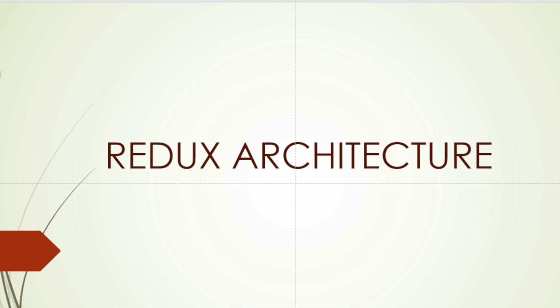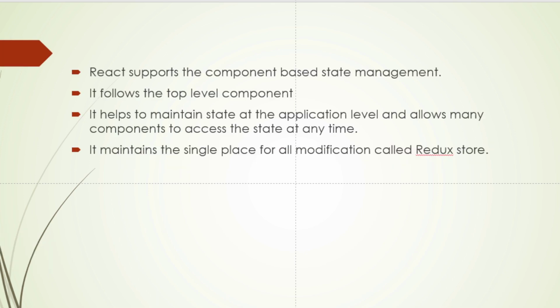As we all know, React is component based and it is a top-level approach. So it maintains the state, and the whole modifications will be stored in the state. Normally we use it in the components to store the data.